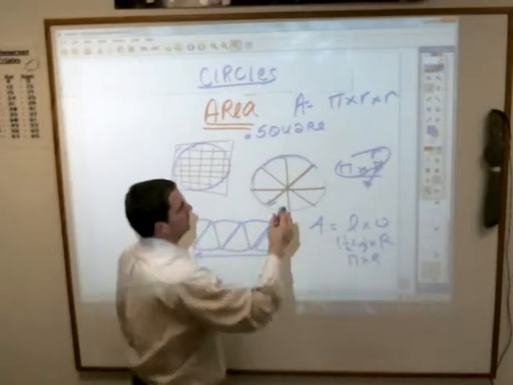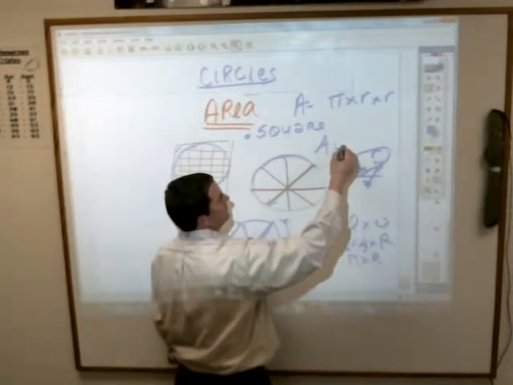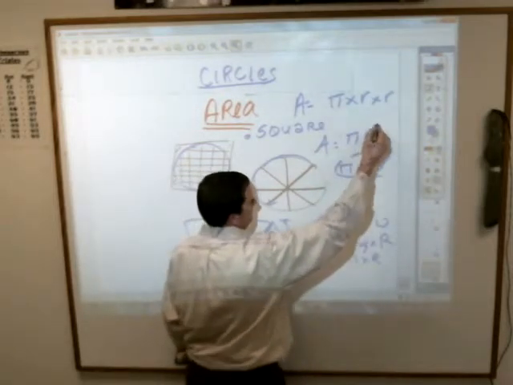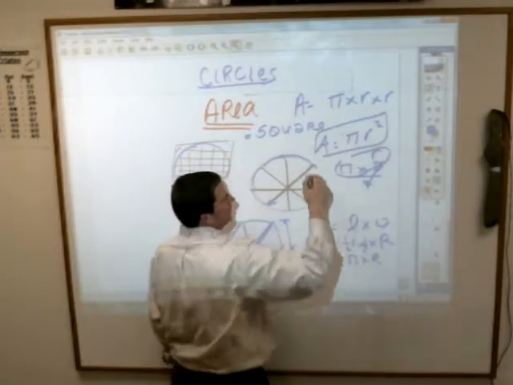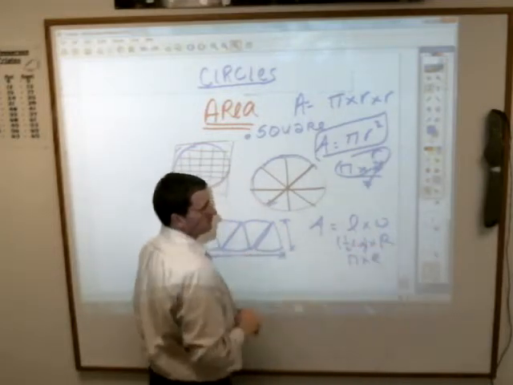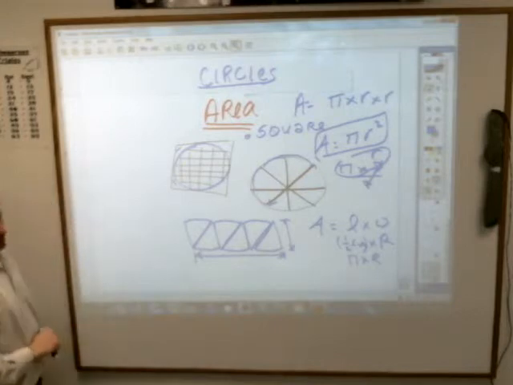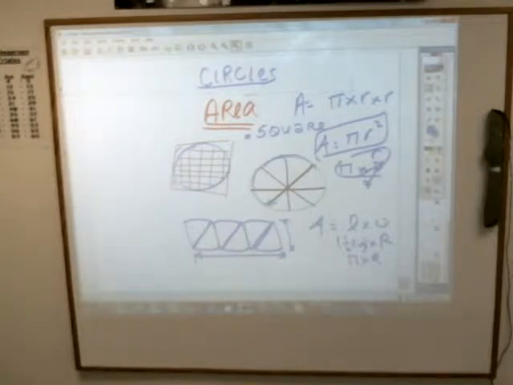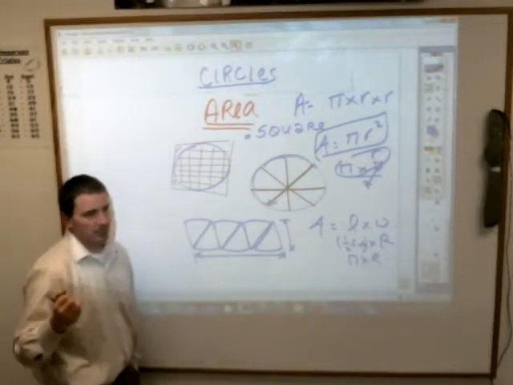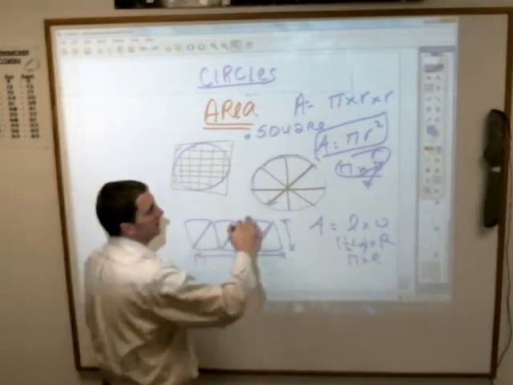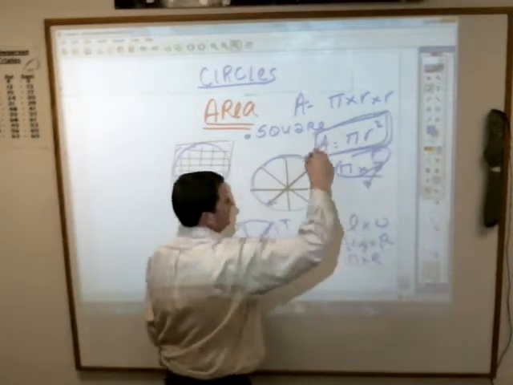Or you probably have heard it, for those smart people, area equals pi r squared, because that's what pi times radius times radius is. So the only thing you need to know to find the area of a circle is its radius. Okay? And it's kind of deceptive at times what that is. It doesn't matter. All this stuff here you don't need to know. This is what you need to know.